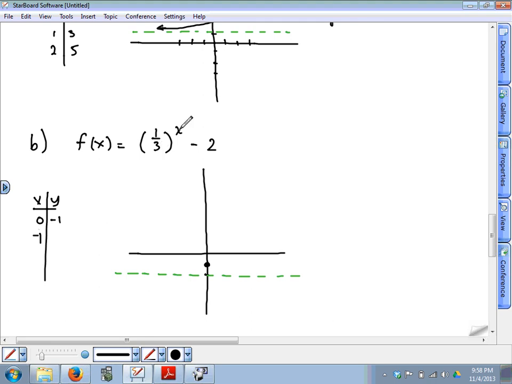Well, 1/3 to the negative 1 is the same as 3 over 1 to the first power, which is 3. 3 minus 2 is 1. So (-1, 1) is on the graph. Same thing here if x equals negative 2. 1/3 to negative 2 is the same as 3 over 1 squared, which is 9, and then you subtract 2 from that and get 7. So (-2, 7) is on the graph.